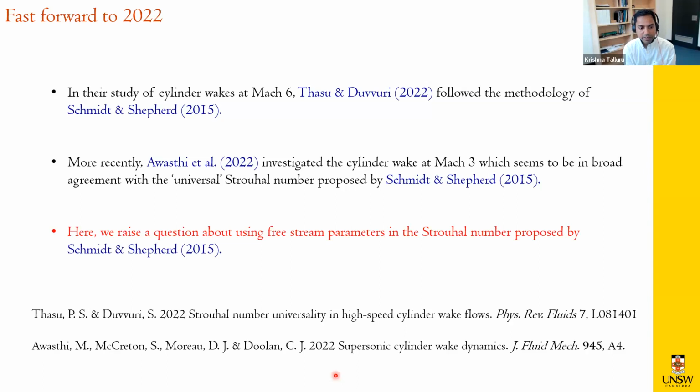So here we raise a question about using the pre-shock conditions or the free stream parameters as proposed by Schmidt and Shepard. We will examine an alternative scaling that we could use, which is more physically meaningful and also leads to better scaling.